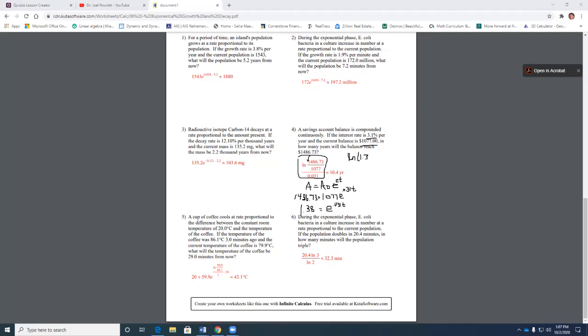So what they did is going to be a little more accurate, but we're estimating anyway. So I'm going to say the natural log of 1.38 is equal to, and on the right side, if I introduce an ln, that will eliminate the e, and that will leave me 0.031t.